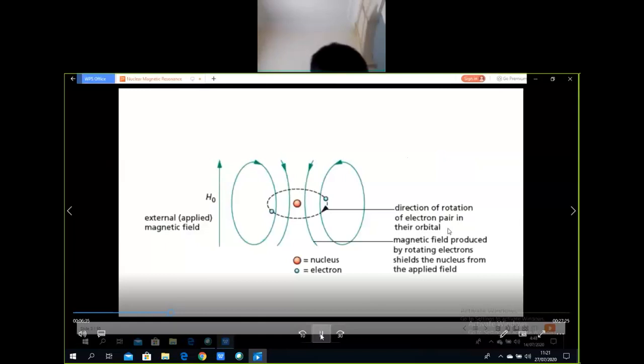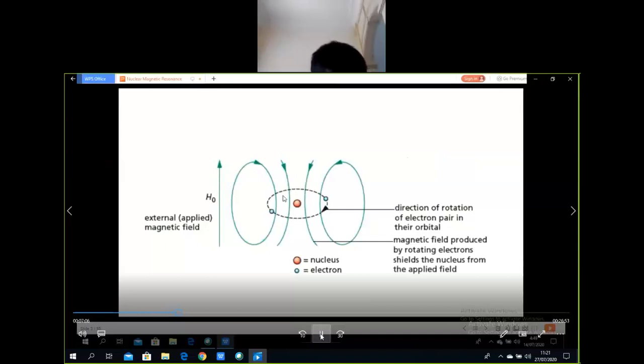The electrons within molecules, both bonded and non-bonded, are usually paired. That is, they occur in pairs of electrons spinning in opposite directions. When the molecule is placed in an external field, the electron pairs rotate in their orbits in such a way that they produce a magnetic field which opposes the external field.